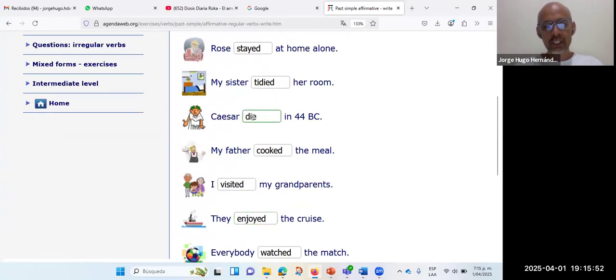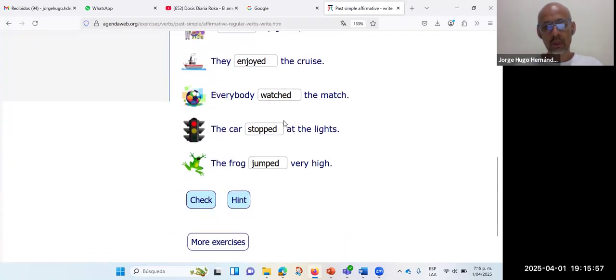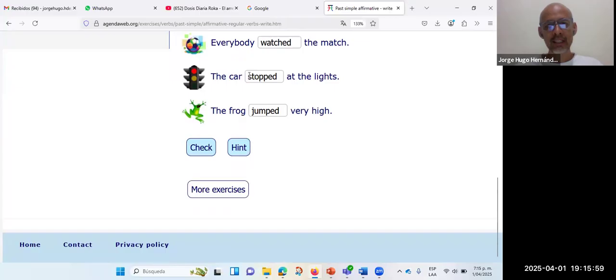This one, the verb finishes in E, so you add D. Normal. And this one is a little different, no? What happened with this verb? This verb has only one syllable. Only one syllable. Stop.